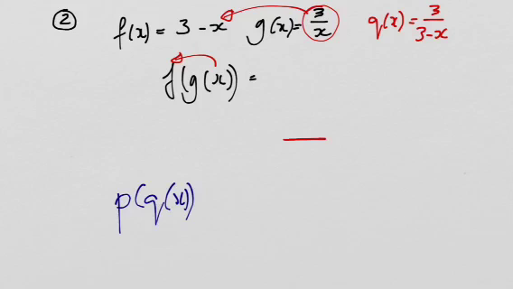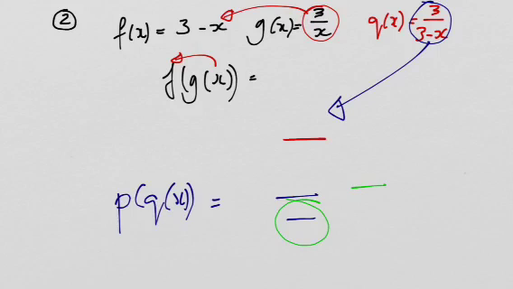This time we're putting the q into the p formula. So that 3 over 3 minus x is going to go into the answer you got from part A. Now this is going to give you a fraction upon a fraction. So if you take the second fraction and turn it upside down and make it into a times, you should find lots of things cancel each other out.